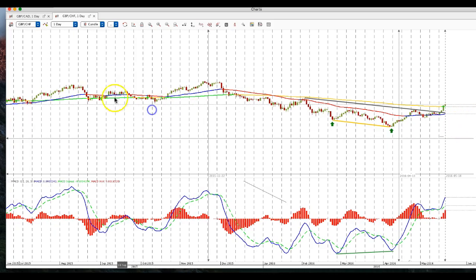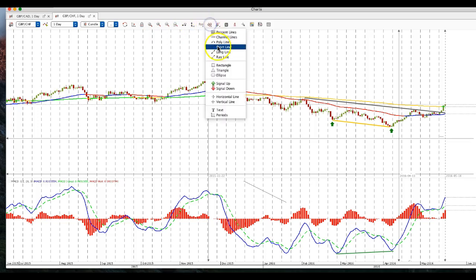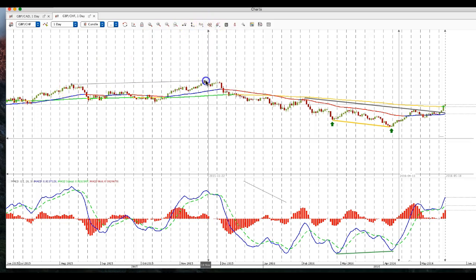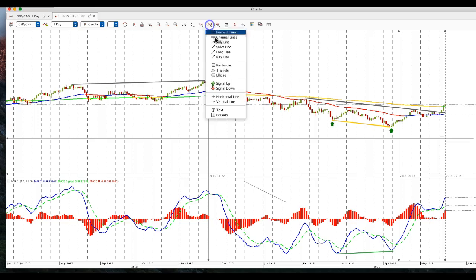Here we have a nice divergence setup, a negative divergence if we connect the swing points, and we connect the wave patterns.